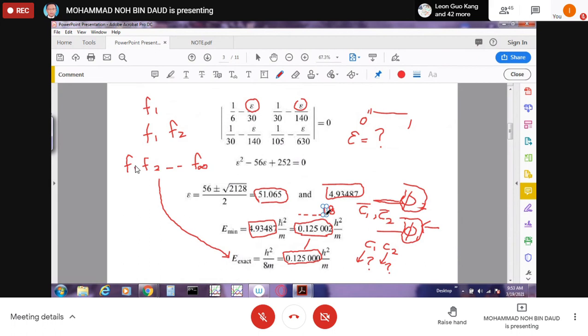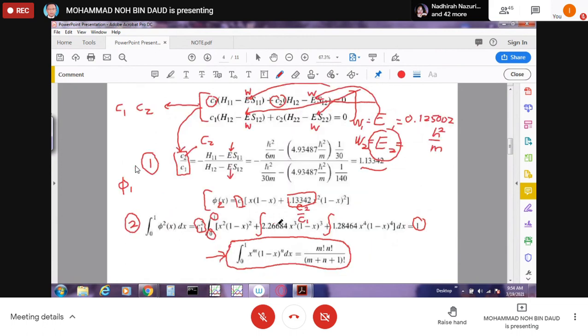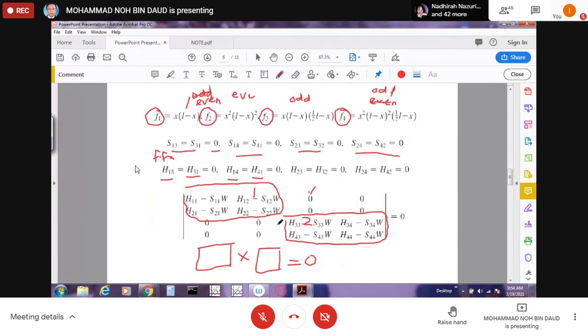Again, we have improved the ground state energy. At the same time, we have also improved the second energy. The second energy here is 4.93487. Here we have improved.